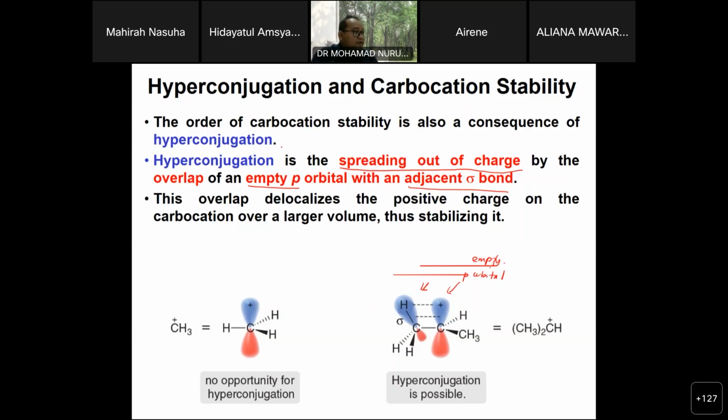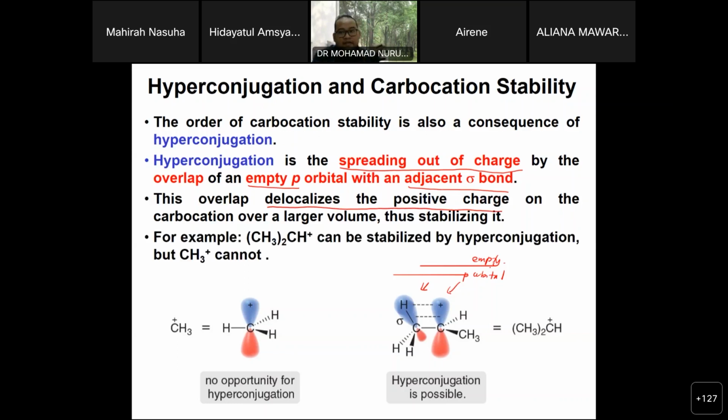This overlap delocalizes the positive charge, and anybody who has highlighted can highlight here: it delocalizes the positive charge, and they will also be stabilized. This is an example. I already explained it in detail, and this is the explanation for it.